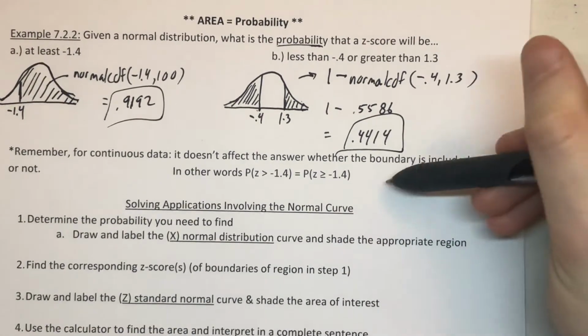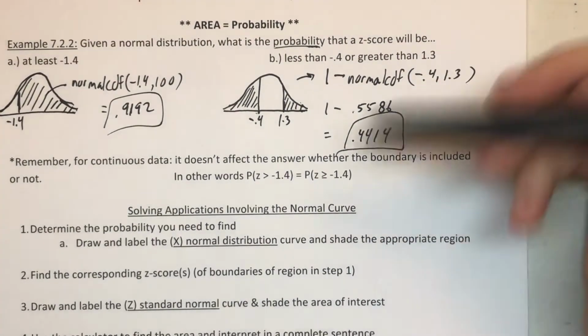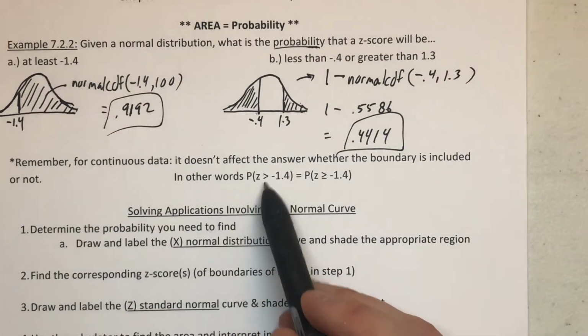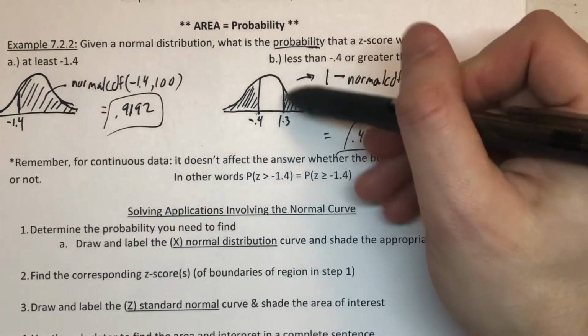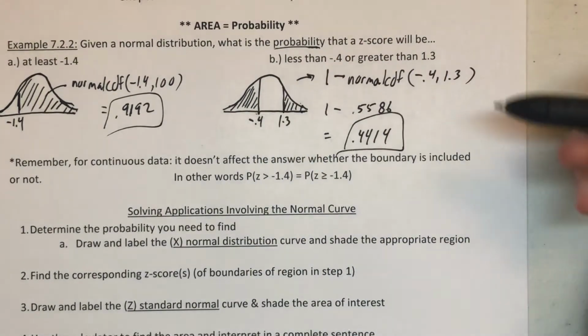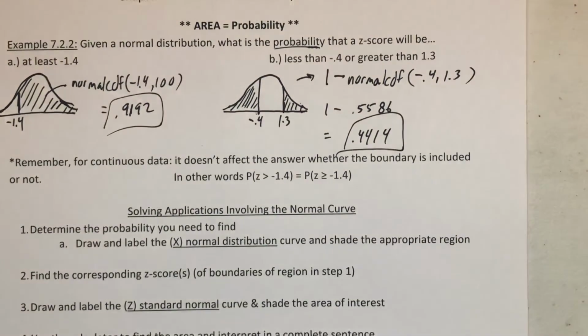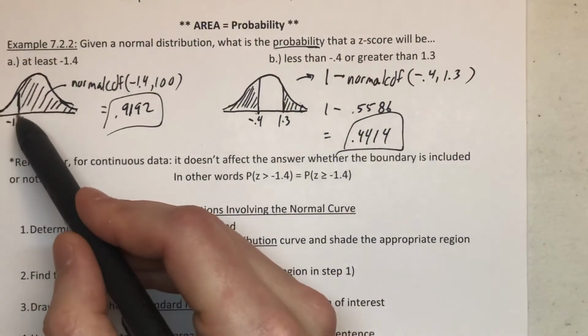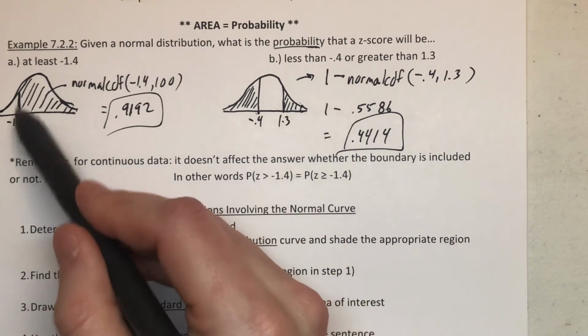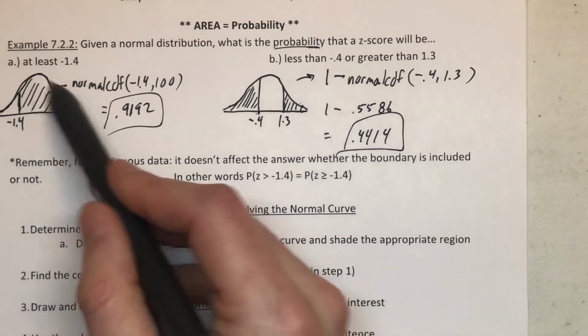All right, one other quick note here, kind of breezed over. I didn't really mention it in the previous questions. Whether or not these values, or if you want to call them the endpoints of these intervals, are included or not is actually arbitrary when dealing with this continuous data. So whether something says at least negative 1.4 or more than negative 1.4, whether or not you include that number, there's no distinction.